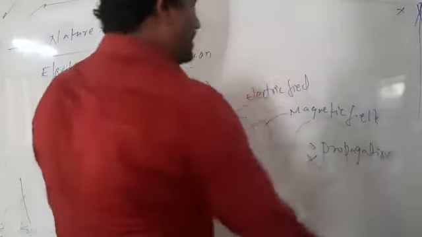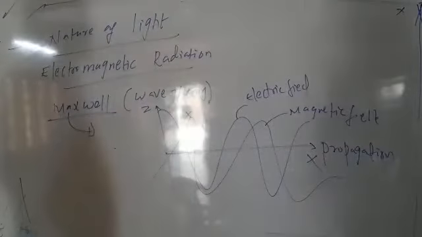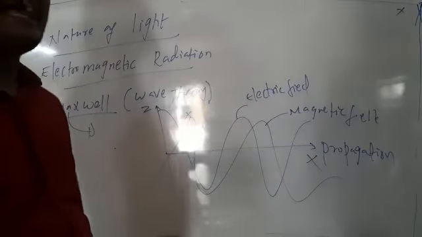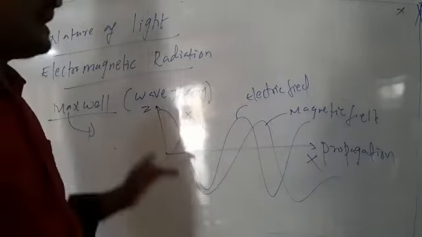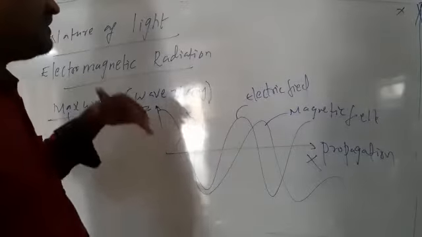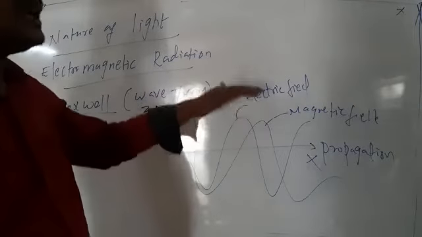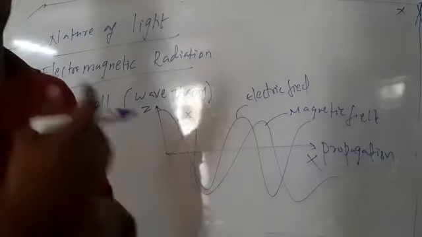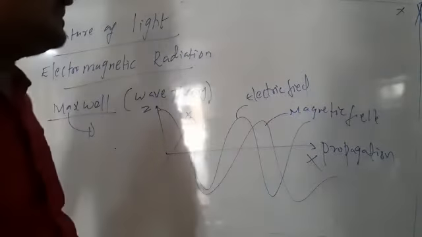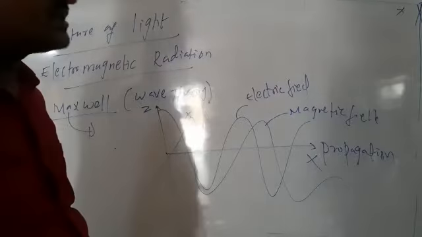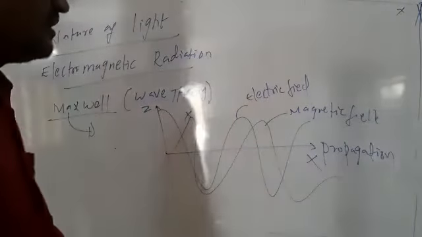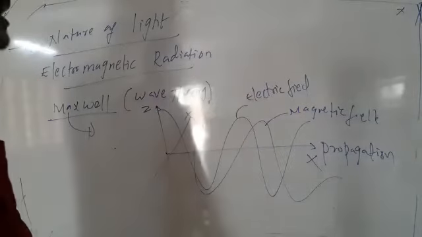This is the propagation of electromagnetic radiation. Any charged particle that accelerates is associated with electric and magnetic fields. They produce electric and magnetic fields alternatively in perpendicular directions, and both are perpendicular to the direction of propagation of that radiation.